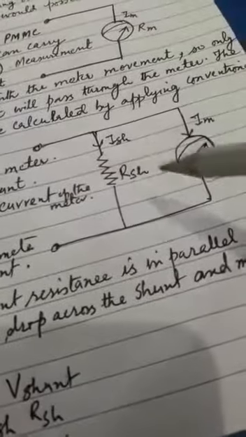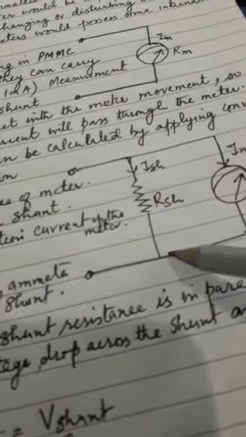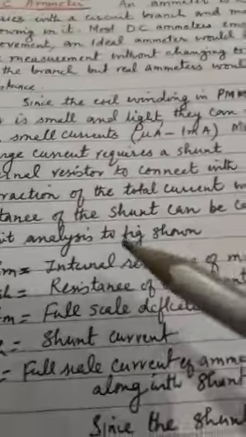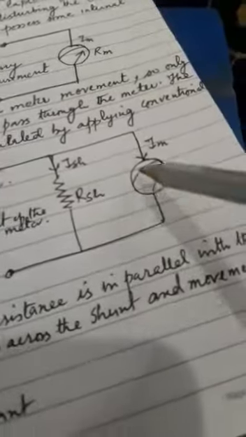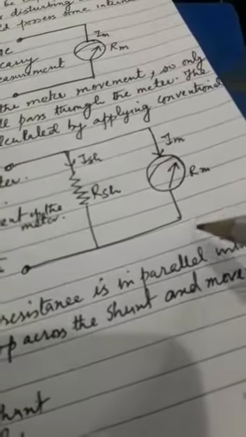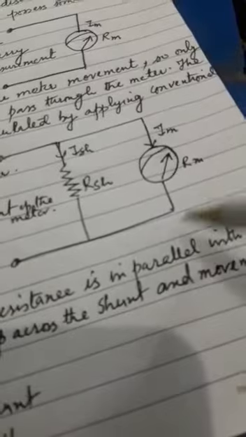This is ISH, the current flowing through this shunt resistor. This is IM, which we call the full scale deflection current of the meter. This is the PMMC meter, and RM is the resistance of the meter.